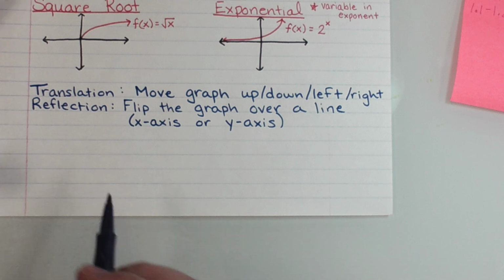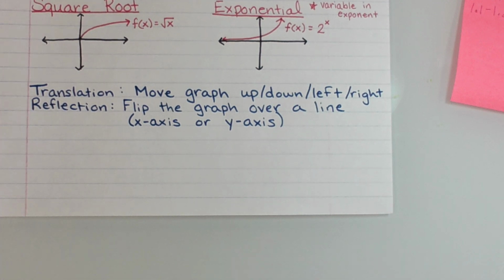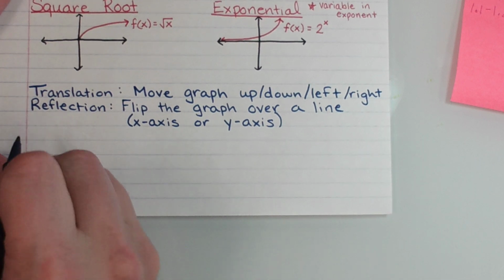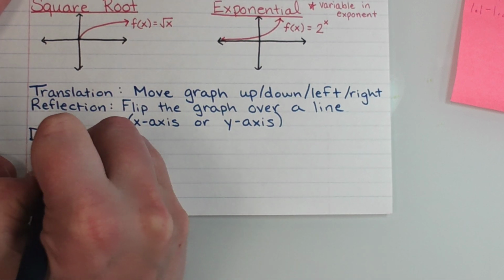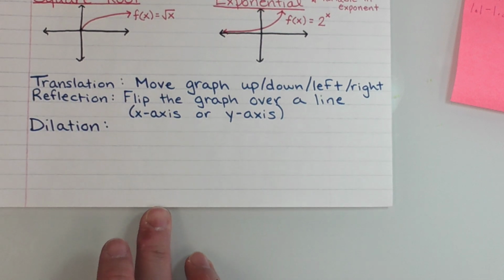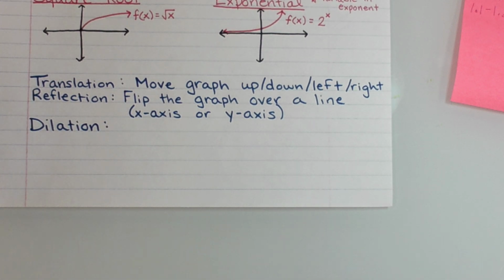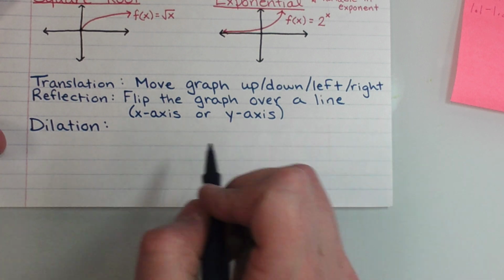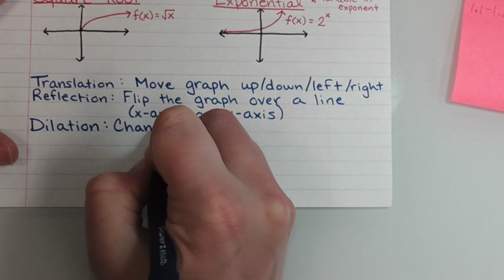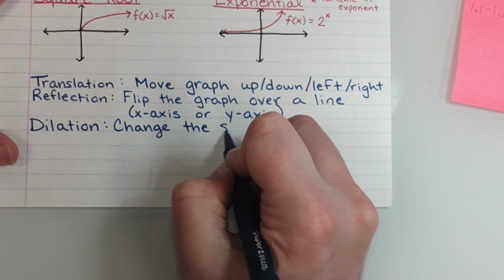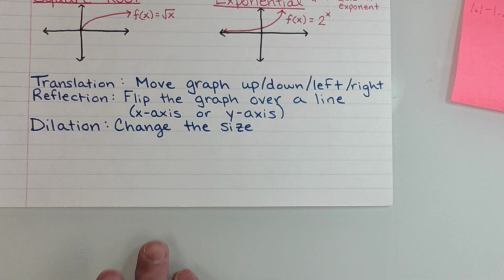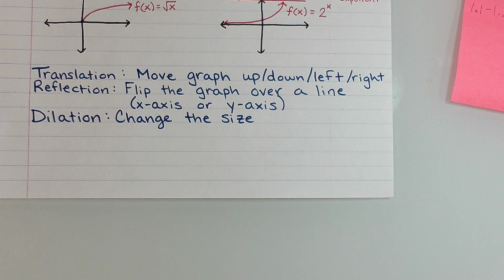The last one is a word that doesn't get used very often. We generally skip over this word to talk about a little bit more specific of what it means, and it's a dilation. A dilation is generally where you are changing the size of something. But to be honest, we don't really use this word very often. Most of the time we skip over to, well, what do you mean by change the size?